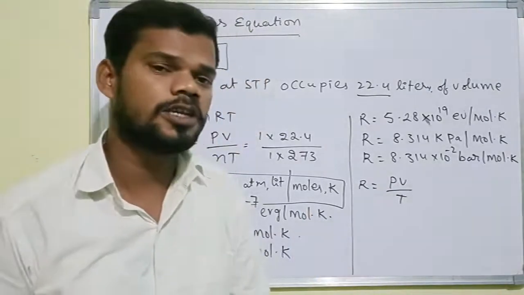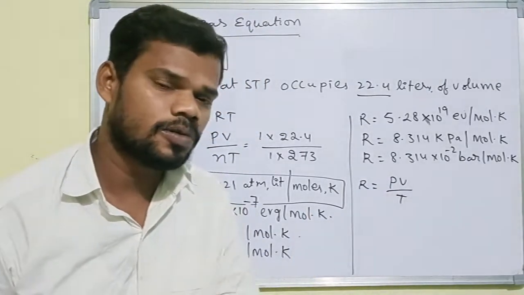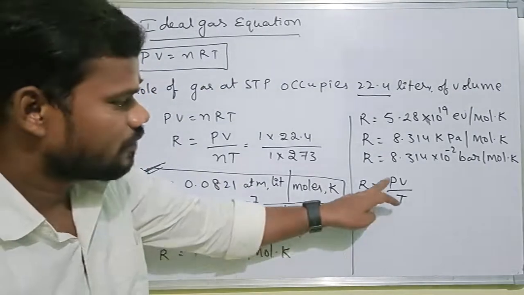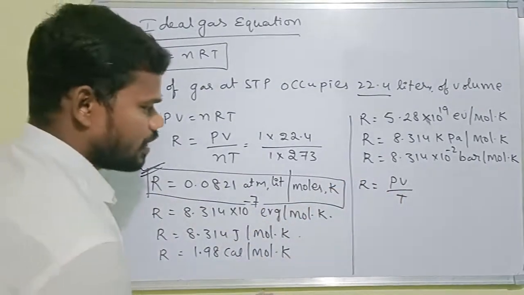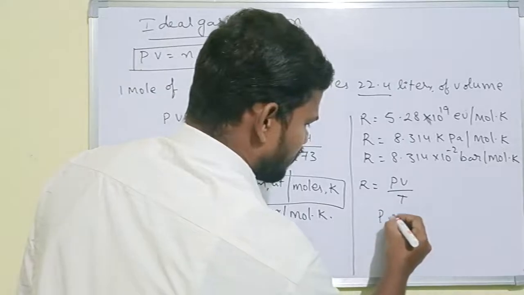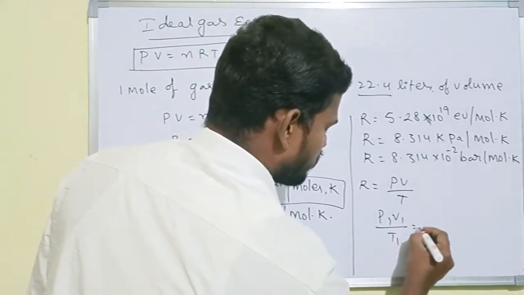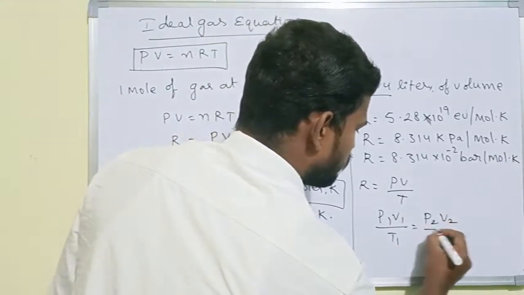If two gaseous states are present here, we have to use a different formula, that is P1 V1 by T1 equal to P2 V2 by T2.